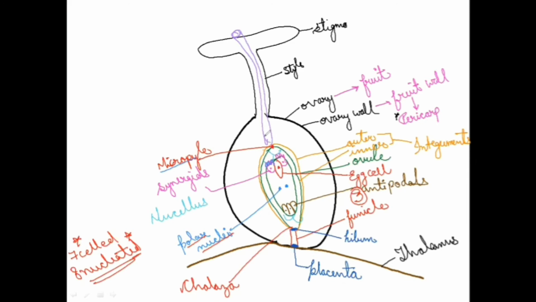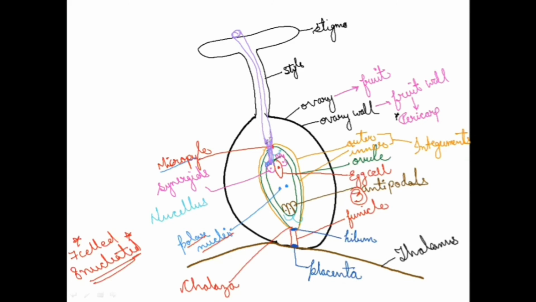Now this pollen tube, when it passes through the style, reaches the micropyle. It can enter into the embryo sac either through the micropyle or through the integuments or through the chalaza. And after entering the ovule, it has to enter into the embryo sac and it enters through one of the synergids.